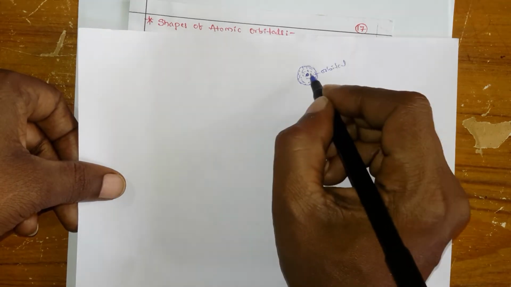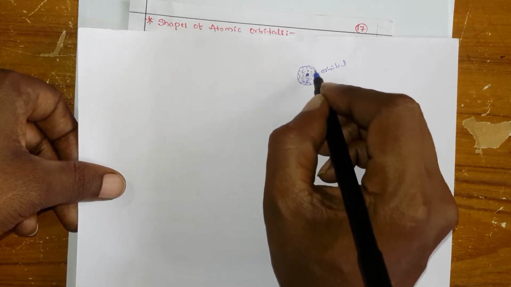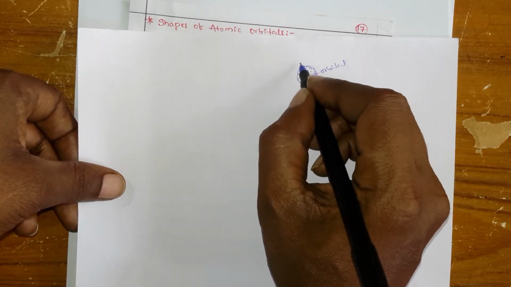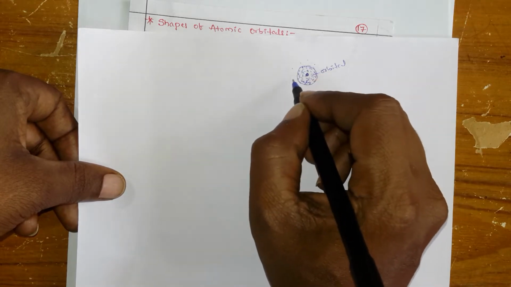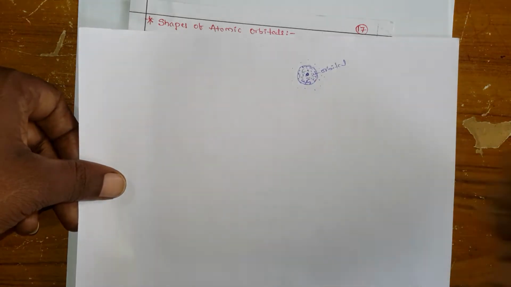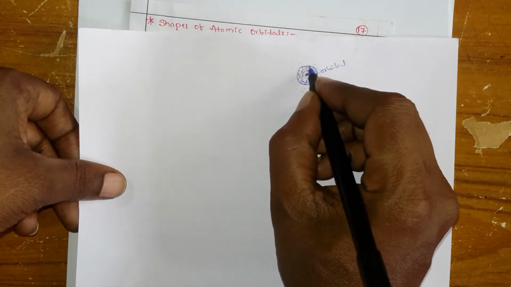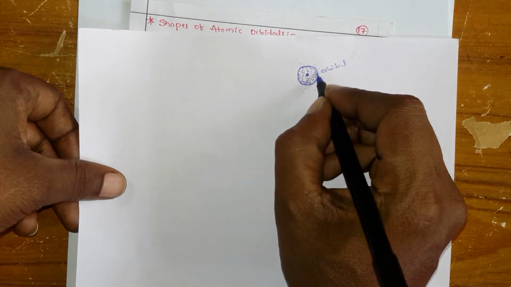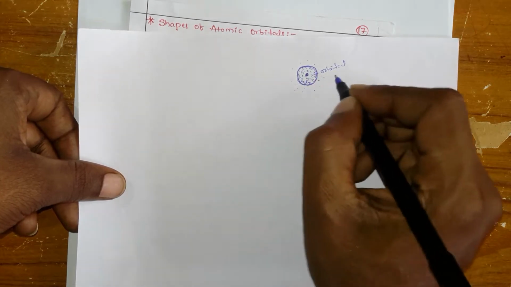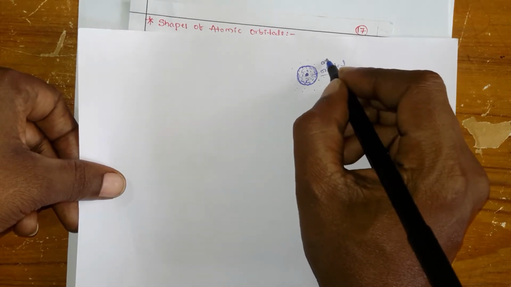These are the electrons. The finding of an electron is maximum here, but outside this it is very less. The chances are very less, so it is minimum outside. So this boundary, this total place, you call it an orbital.